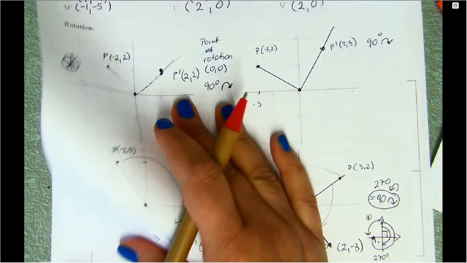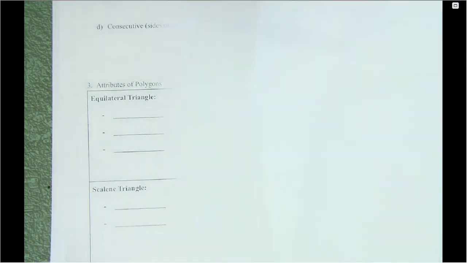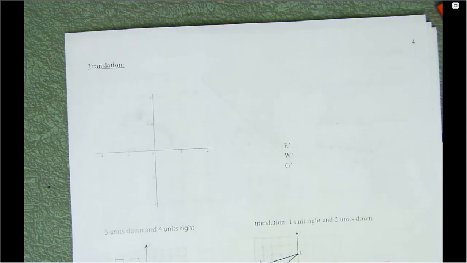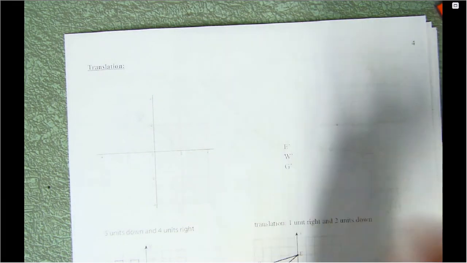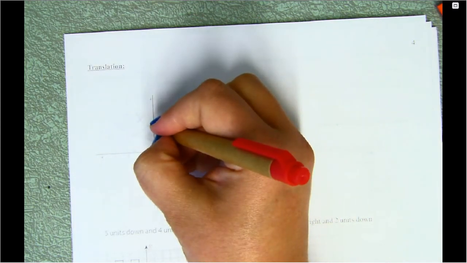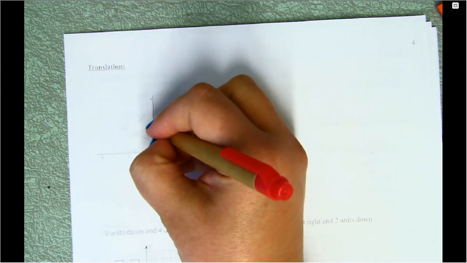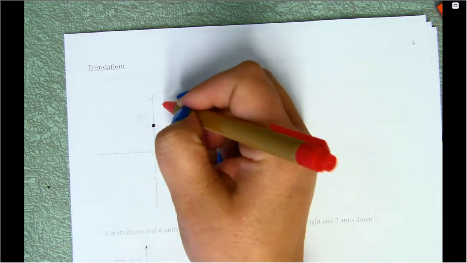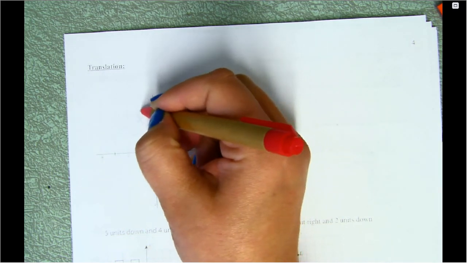Okay, so the last one is kind of easy. That is called translation. That's the easiest one. So let's say I'm going to create a triangle at 0, 2, then 3, 3, let's say.